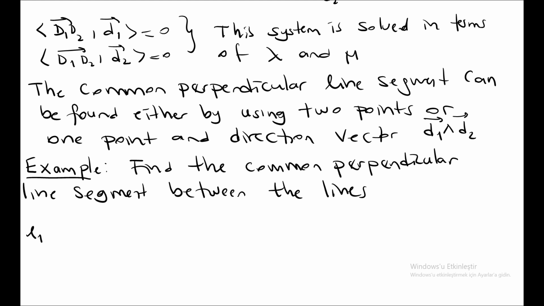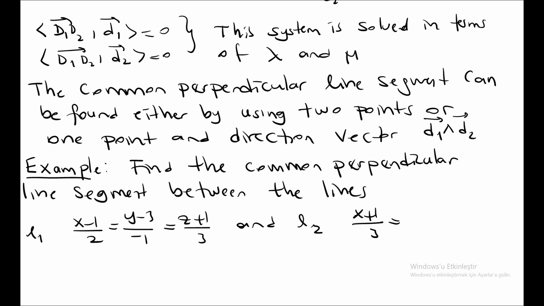So L1 is this one: (x minus 1)/2 = (y minus 3)/(negative 1) = (z plus 1)/3, and the other line L2: (x plus 1)/3 = (z minus 2)/2, and y equals 2.